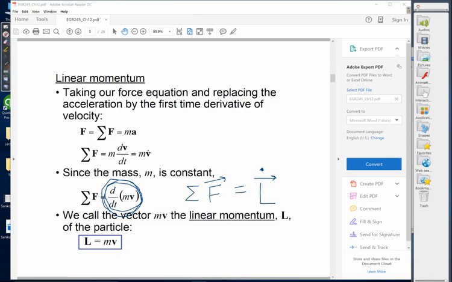If I have two objects that have the same velocity, but one has a lot larger mass than the second, then the one with the larger mass has a larger momentum. How much harder do you think it is to stop that object with the larger linear momentum? It's obviously going to take a lot more for you to stop that object that has a larger mass, right?